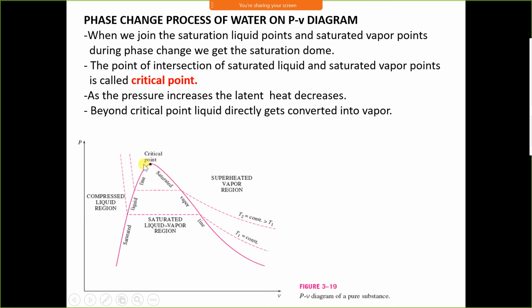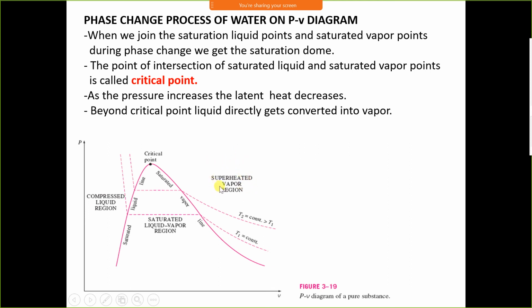On the left hand side of the liquid line, it is a compressed liquid or subcooled liquid, meaning the liquid at a temperature less than the saturation temperature. And on the right hand side of the saturated vapor line, it is a superheated vapor, meaning the temperature of the vapor is more than the saturation temperature.